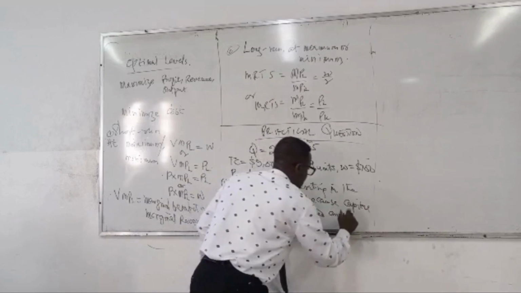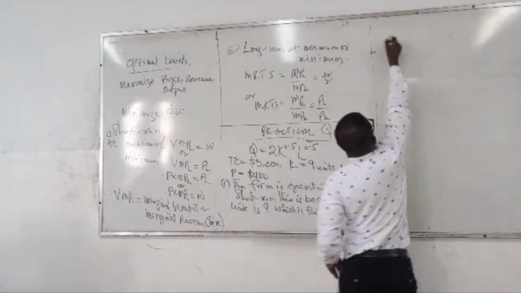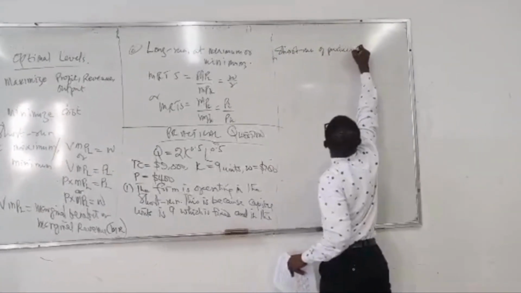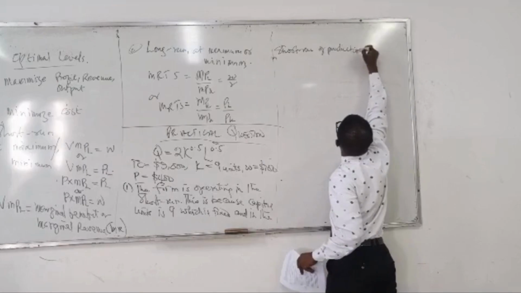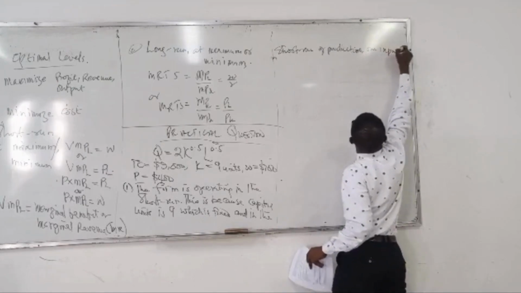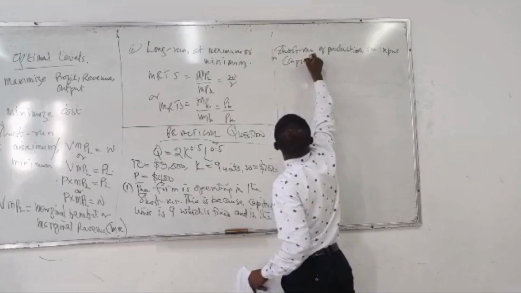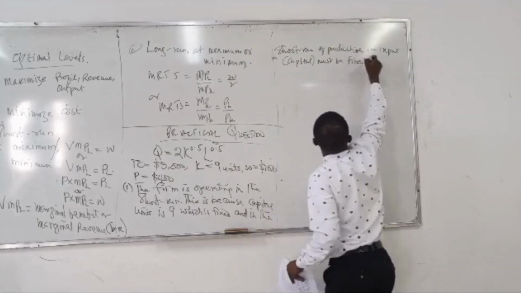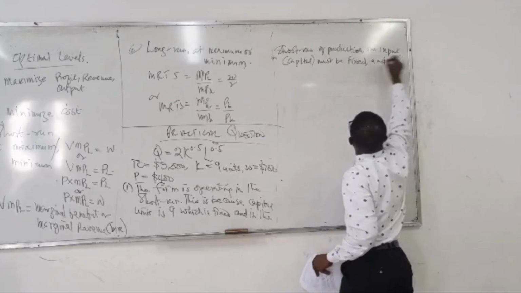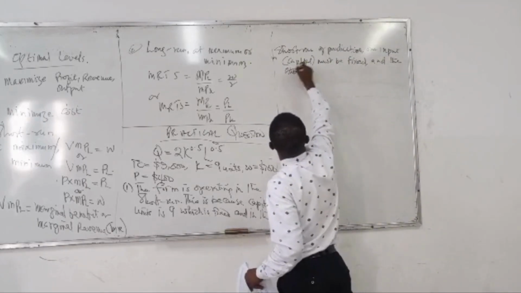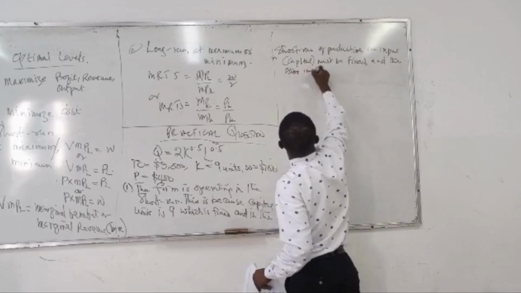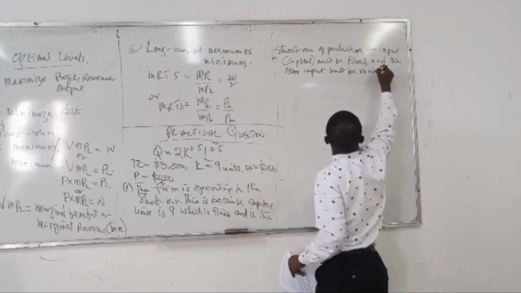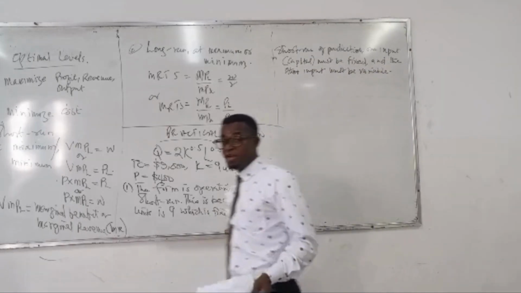And in the short run of production, one input, capital, must be fixed, and the other inputs must be variable. So it's very brief.